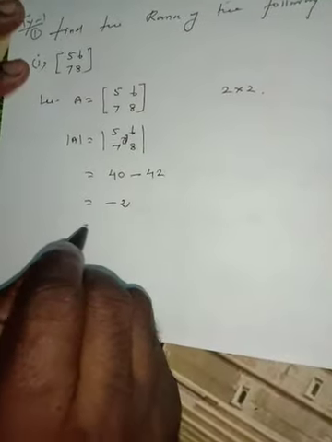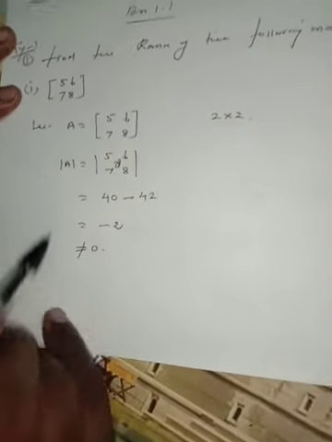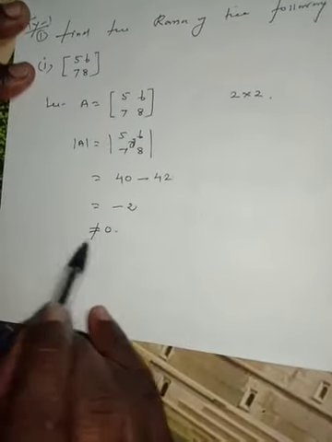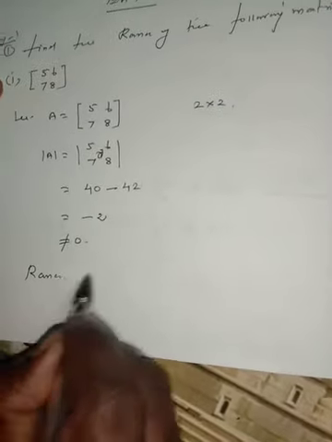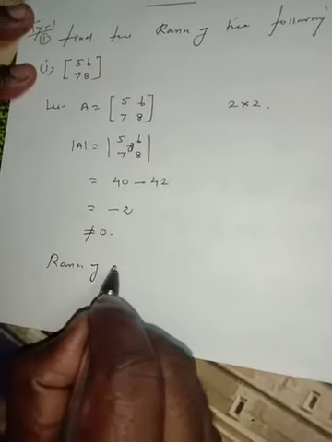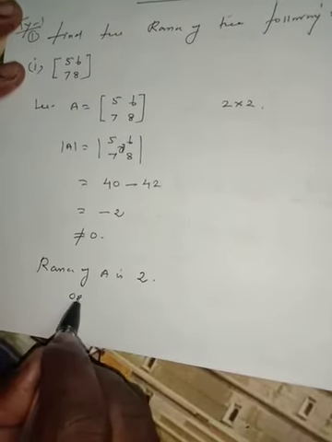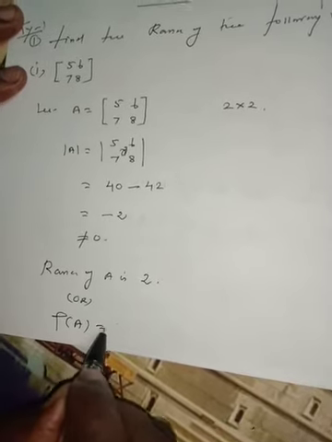Minus 2 is not equal to 0. The determinant value of the given 2 cross 2 matrix is not equal to 0, then rank will be 2. Rank of capital A is 2, or the symbol rho of A is equal to 2.